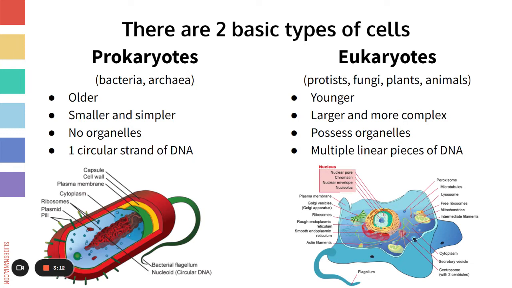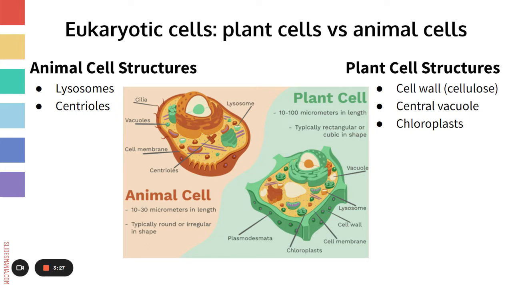So eukaryotes possess what we call organelles, which are cellular parts that are doing specific jobs. And our DNA in a eukaryotic cell is going to be multiple pieces of linear DNA rather than a single circular piece.